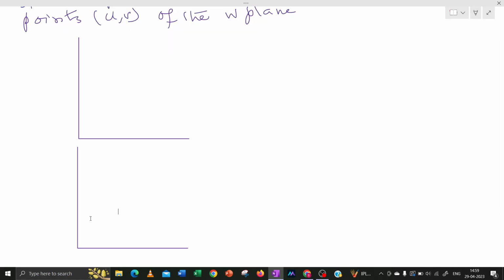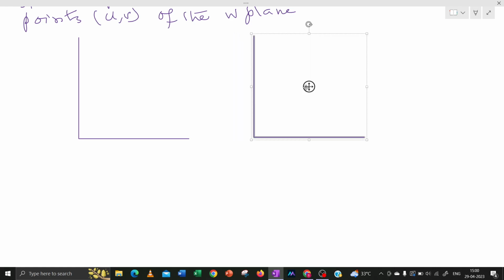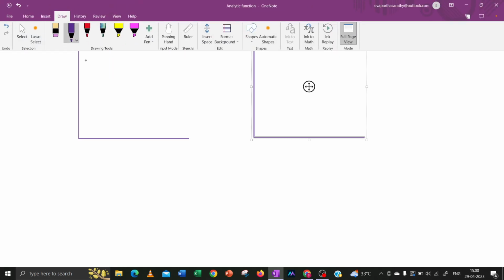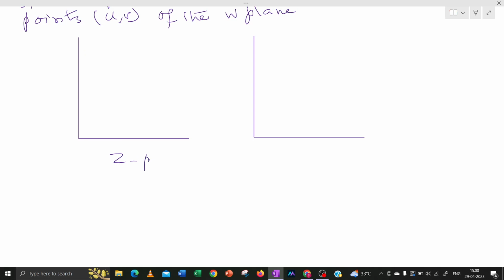We can move it from here to here to minimize our space. Now this is the z plane, and this is the w plane. Here z can be written as x plus iy, and w can be written as u plus iv.